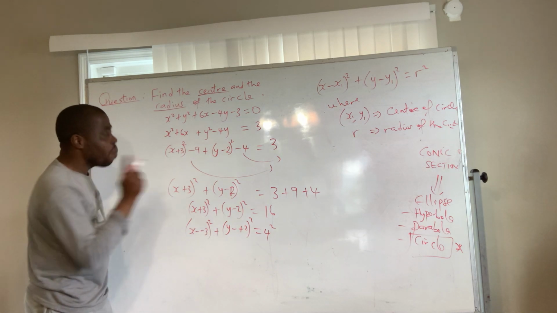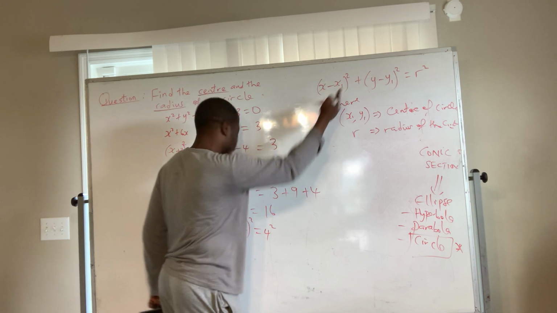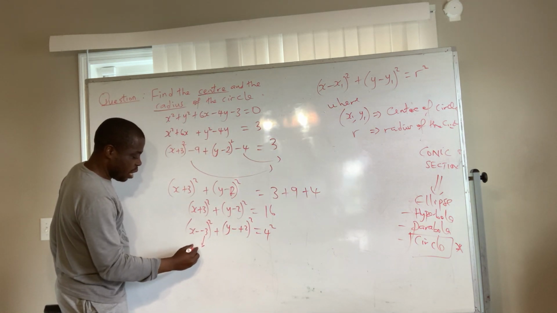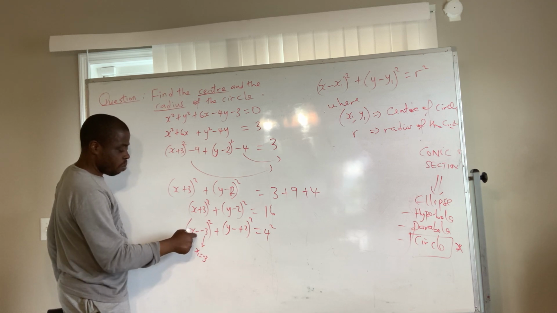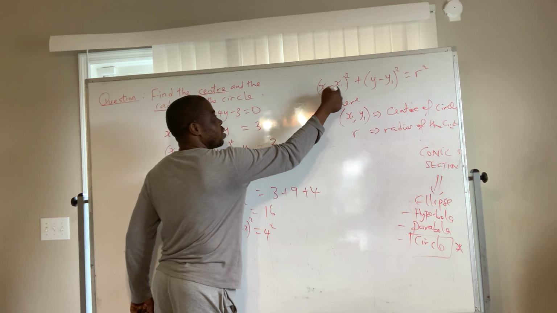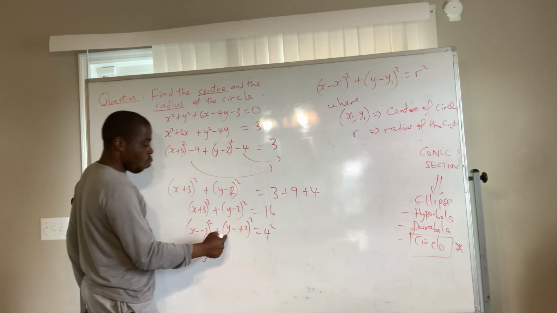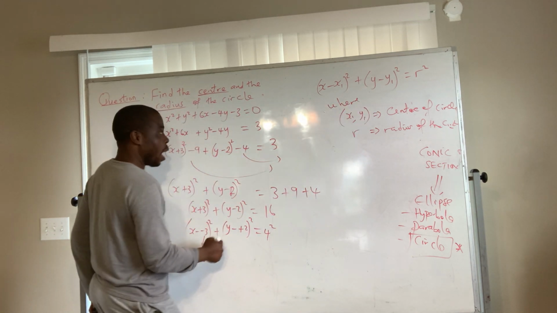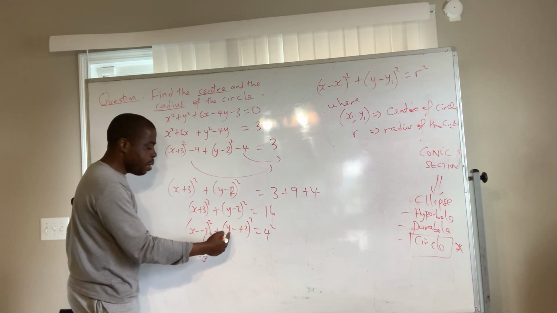Because I know that from the equation, I should have x minus x1 squared. So x minus, so my x1 is now negative 3. See, x minus x1. So x1 is negative 3. Then y minus y1. Why am I doing minus plus?